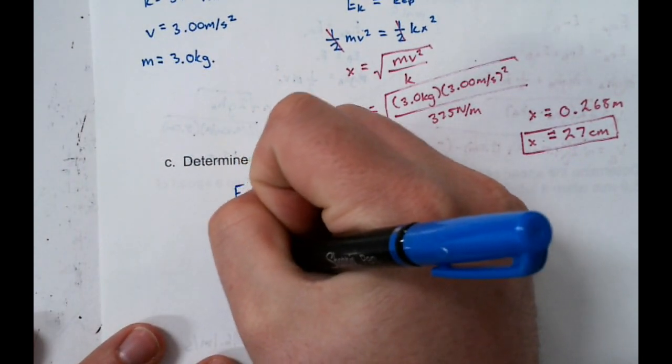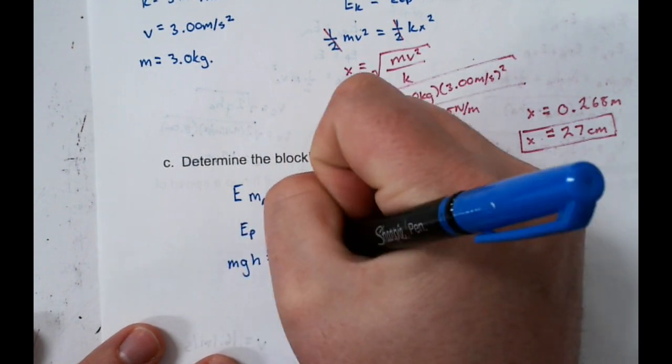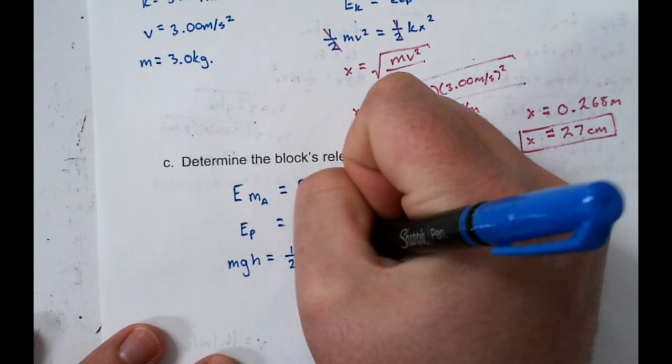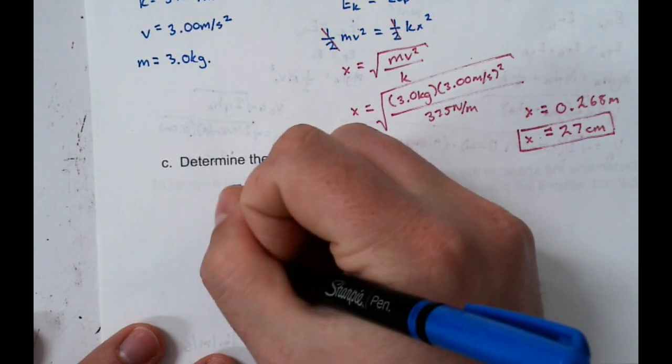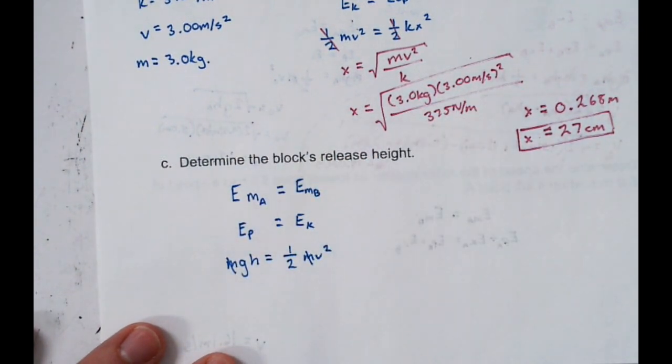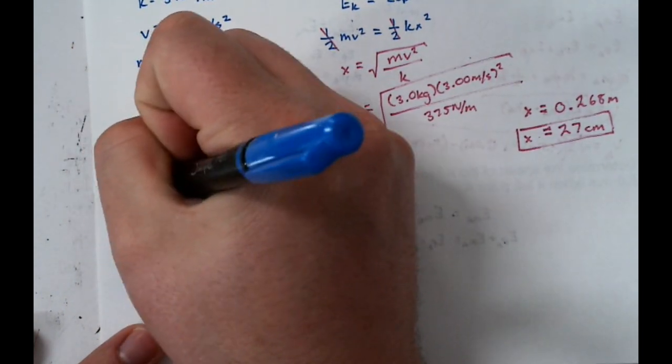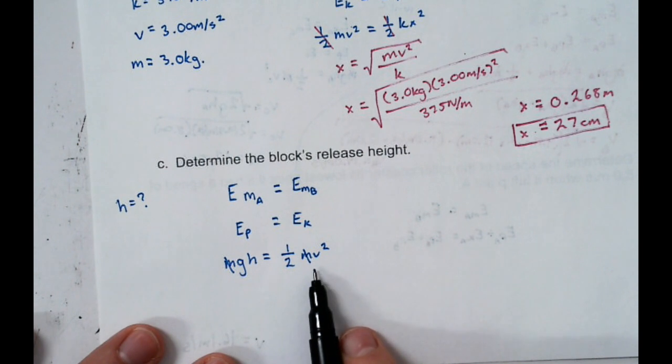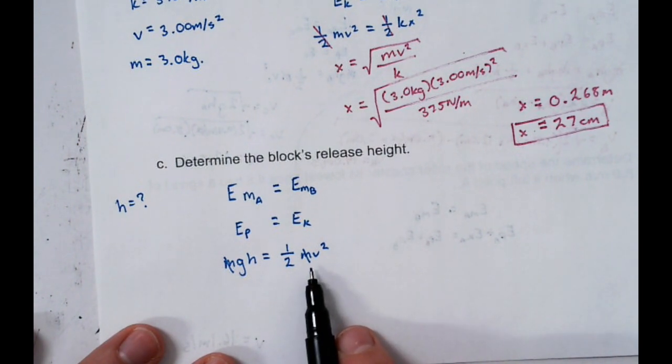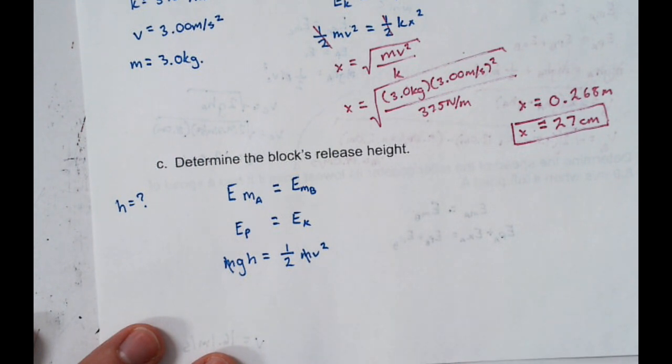So that's going to be equal to all kinetic energy. So we have mgh is equal to 1/2 mv squared. We can cancel out mass because it's in both terms. We know g is 9.81 meters per second squared. We want to find what is h, and in the question it tells us that our velocity is 3.0 meters per second.